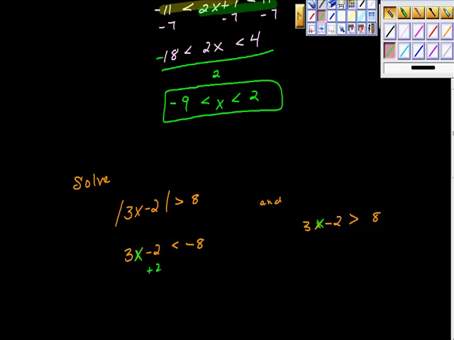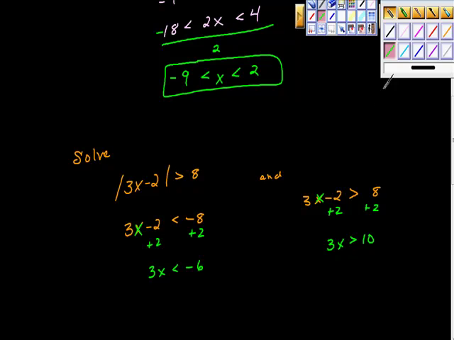We're going to add positive 2 here, positive 2 here, and we'll get 3x is less than negative 6, right? Do the same thing here. We're going to add 2 here, add 2 here. We get 3x is greater than 10. Isn't that right? Going to just keep doing algebra here.